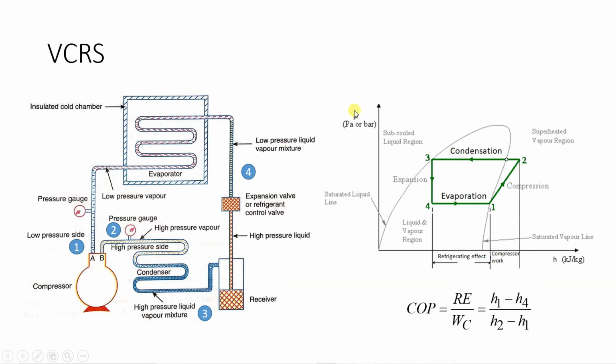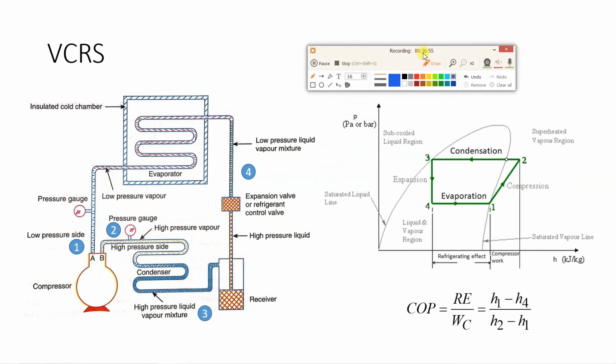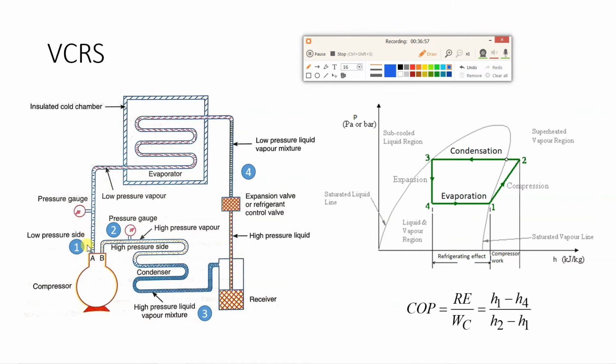At the same time here you can see I have shown the pressure versus enthalpy diagram. Now if you consider the inlet of the compressor, we will have low pressure, low temperature vapor refrigerant. Suction point means we are talking about point number 1.